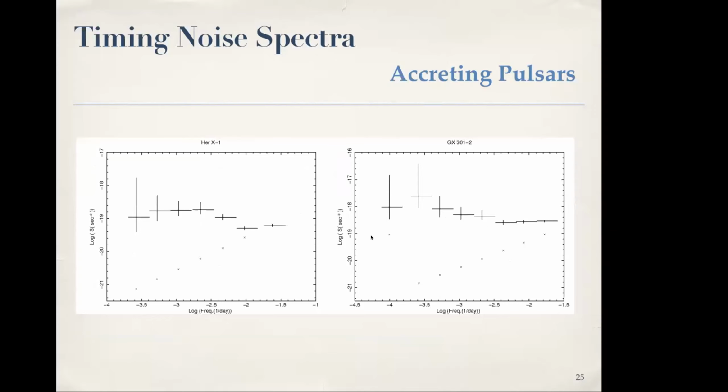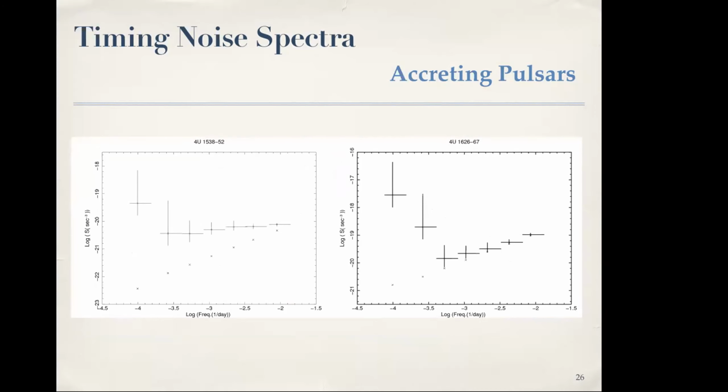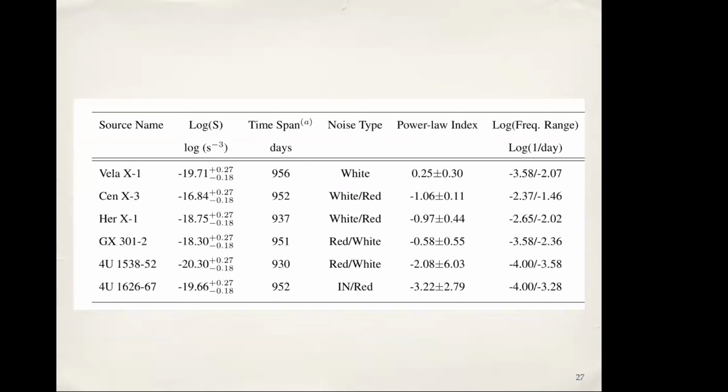Here is shown the power density spectra of Hercules X-1 and GX 301-2. And here are the power density spectra of the last two studied persistent accretion powered pulsars. Same as magnetars, here is a table which shows the characteristics of the timing noise of the accretion powered pulsars with their name, their noise strength values for a time span of approximately 1,000 days, and I will explain in a minute why we have used the time span of 1,000 days.